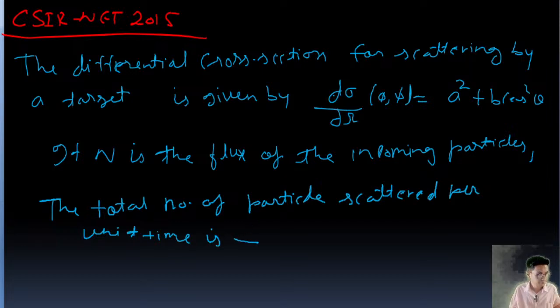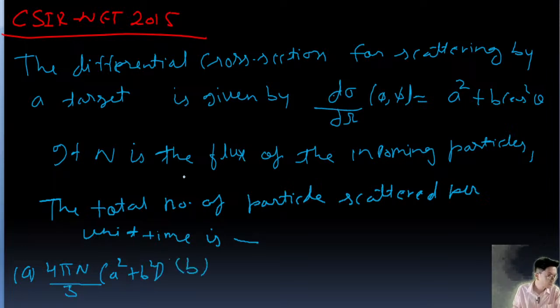Options are given. Option A is 4 pi n by 3 into a square plus b square. Option B is 4 pi n into a square plus b square by 6.